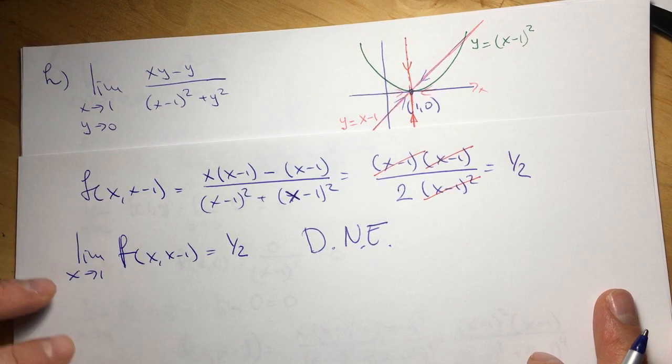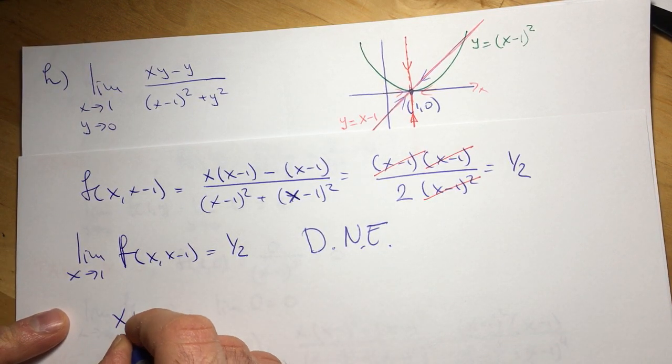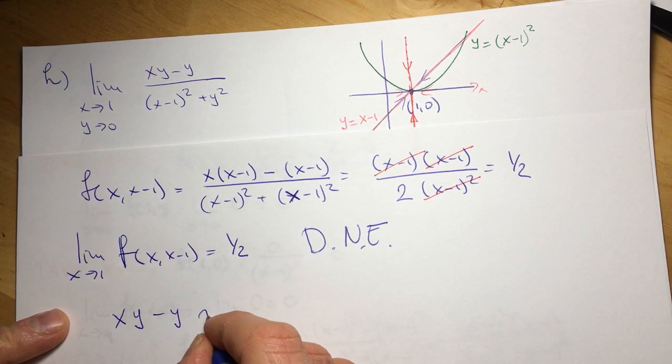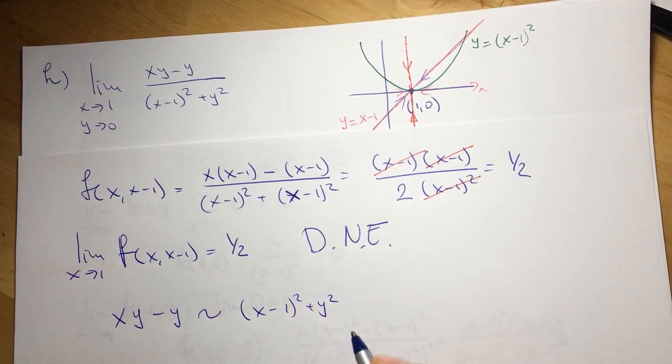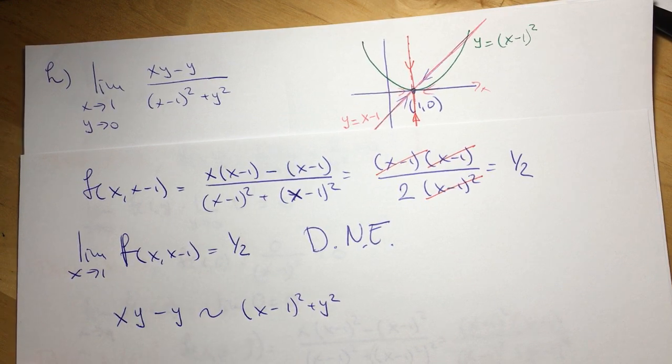Okay, for example, here I want to make the numerator similar to the denominator, right? And that's not easy. So for example, if I factor y in the numerator, I get (x minus 1) is similar to (x minus 1) squared plus y squared. Okay? And in that case, somehow I can see that if y is equal to x minus 1, then these are going to be somewhat similar.